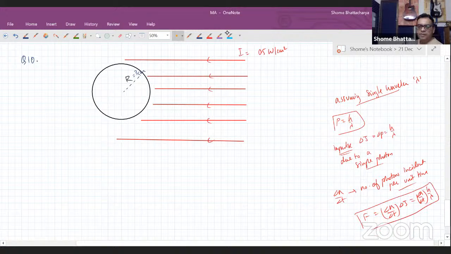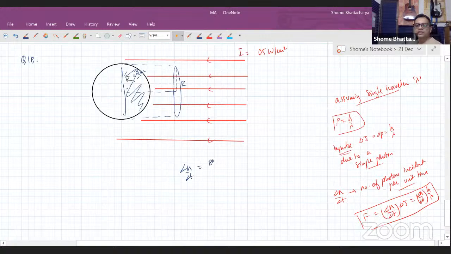Clear so far, Aditya? Now see, if you draw a circle like this of radius r, every photon going through this circle is incident on the sphere's hemispherical surface. So delta n by delta t is nothing but the number of photons per unit time going through this, which is the area of that circle, pi r square, multiplied with the photon flux.